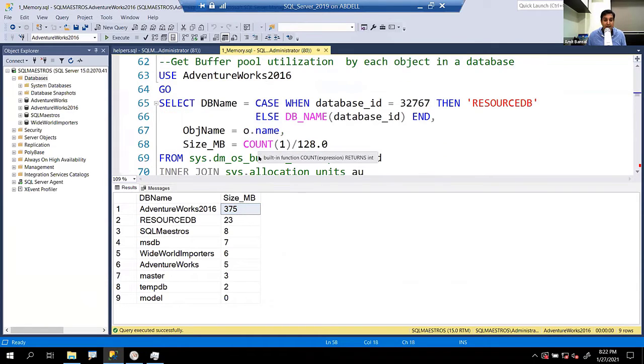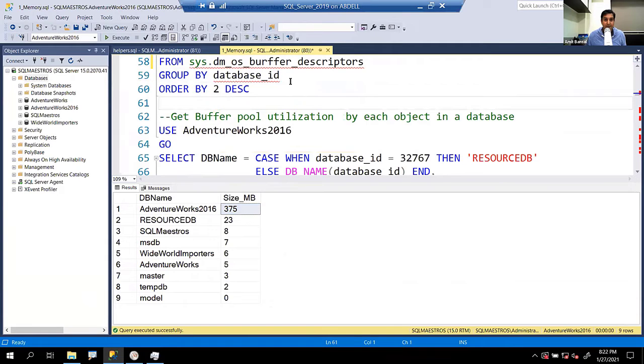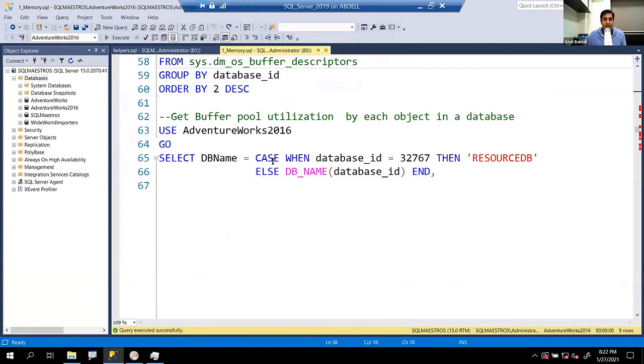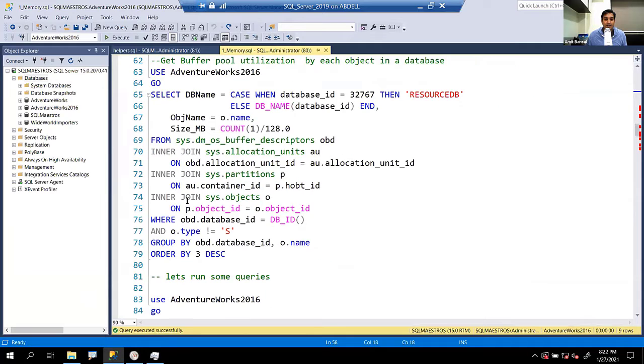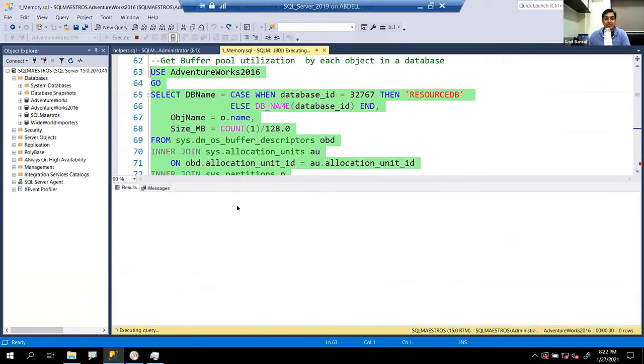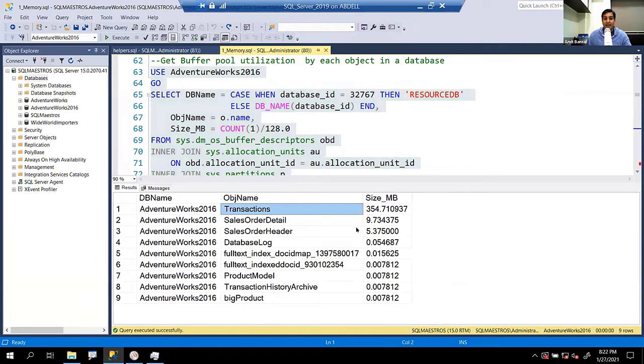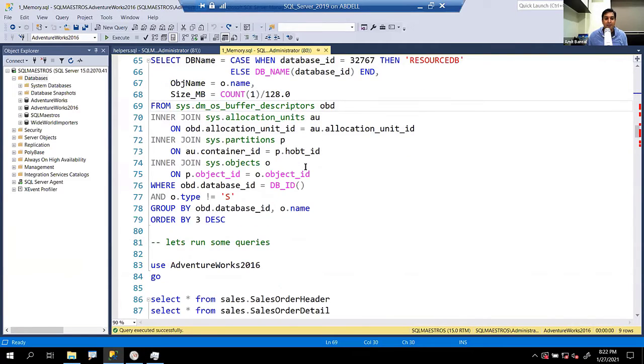And which table? Let's look at this, and you will see that transactions, which is what I ran, is consuming about 355 MB. Sometimes this is a good indication of whether they could be good candidates for in-memory OLTP. Well, there are many other factors like latch contention, etc., that you need to see, not just the amount of memory.